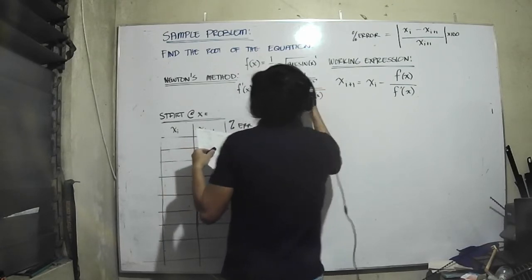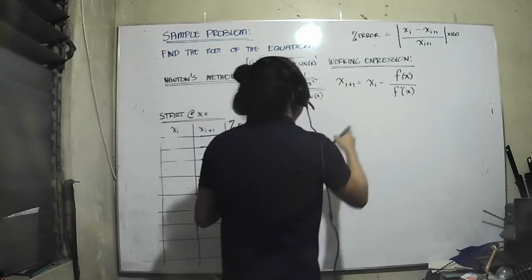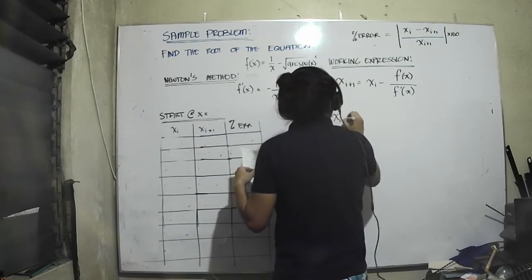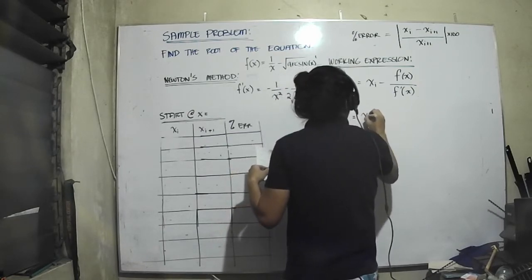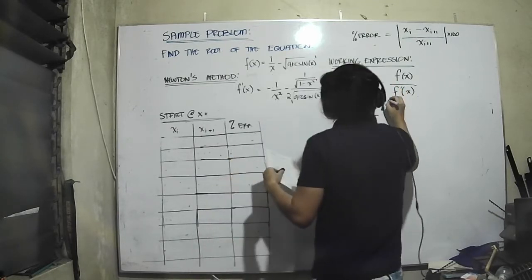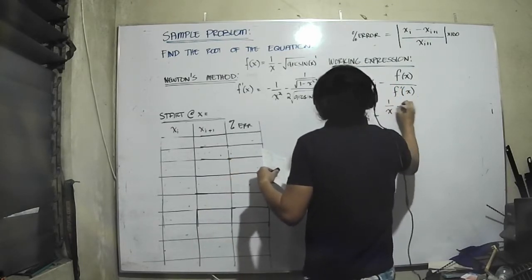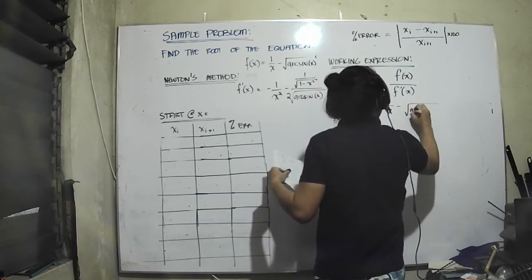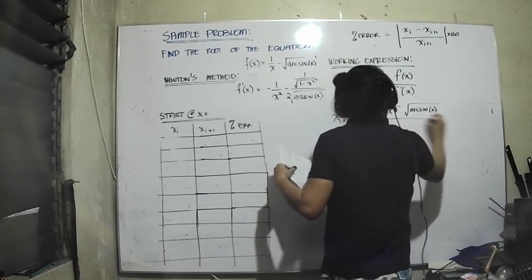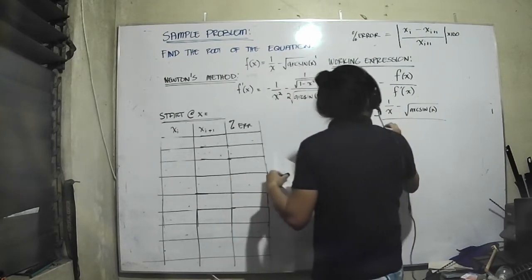Now, going for a working expression for this, I have this: xi minus f of x, which is 1 over x minus square root of arc sine x, divided by its derivative, which is equal to this.